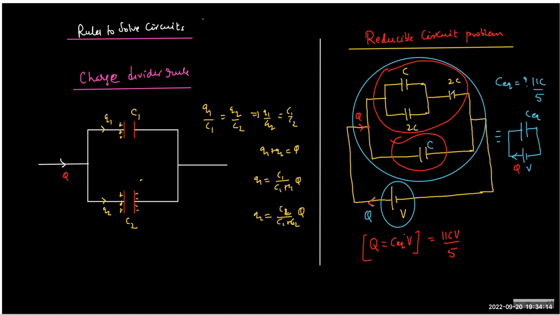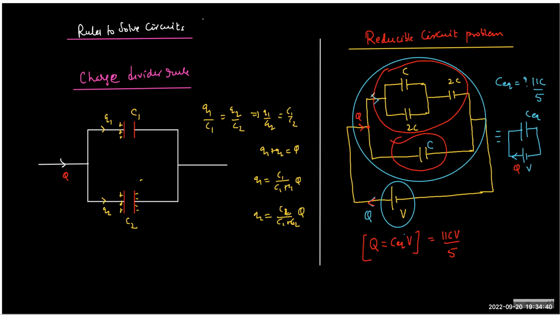So what is the net value of the upper part? 6C/5, and the lower is C. So the ratio is 6/5, 6 for the top and 5 for the bottom. So how much charge will enter the upper branch?